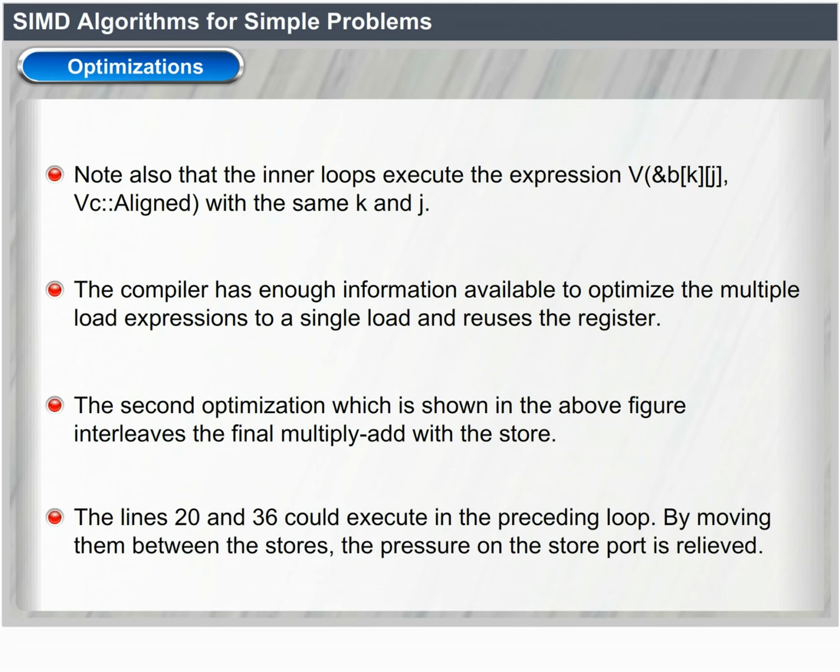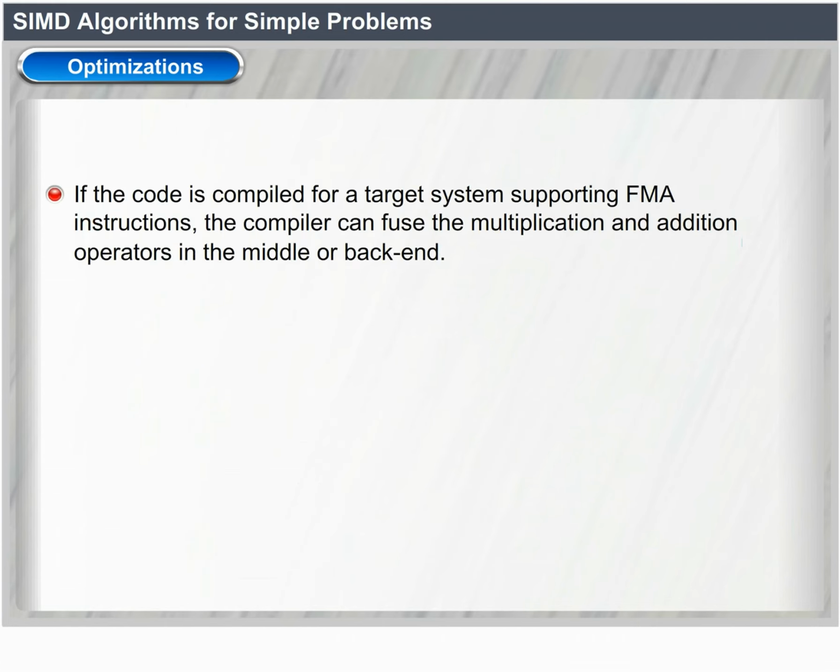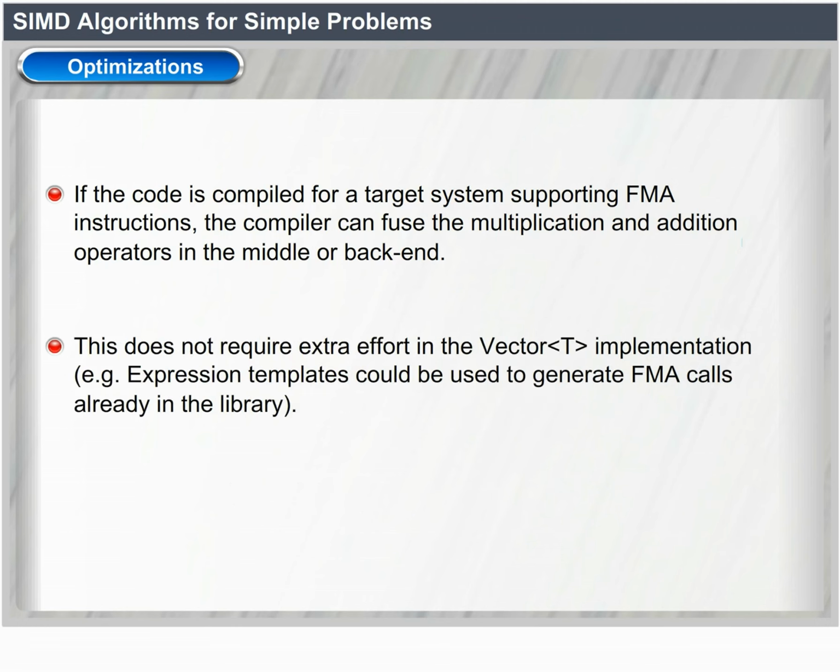If the code is compiled for a target system supporting FMA instructions, the compiler can fuse the multiplication and addition operators in the middle or back end. This does not require extra effort in the Vector<T> implementation. For example, expression templates would be used to generate FMA calls already in the library.